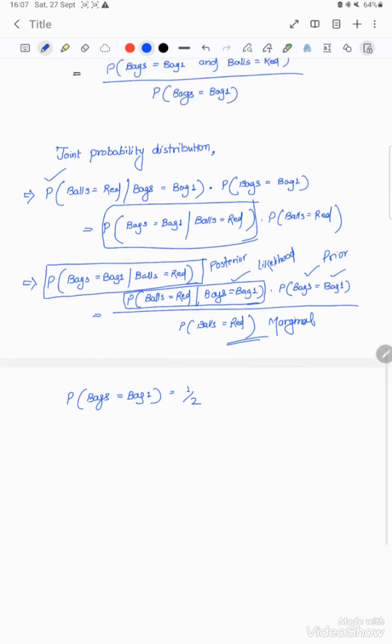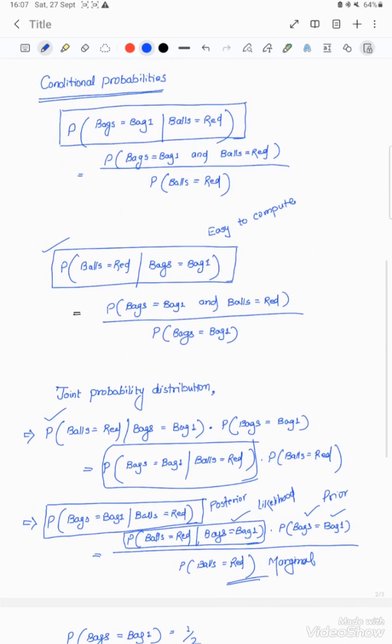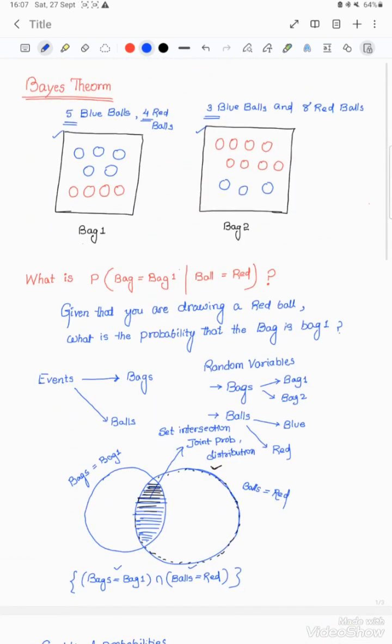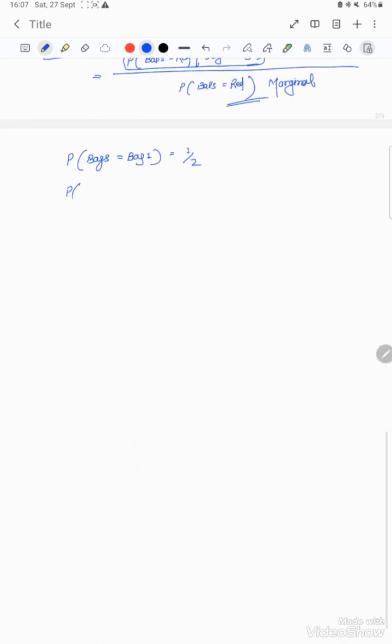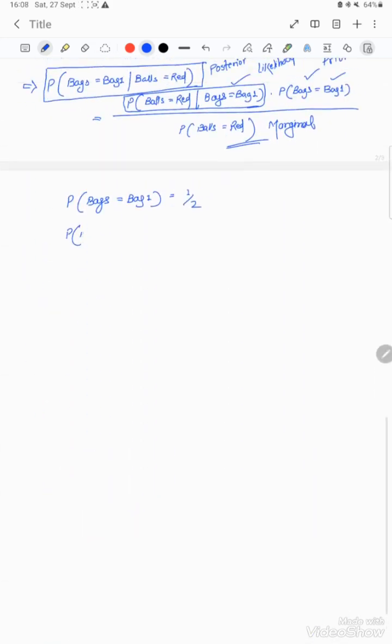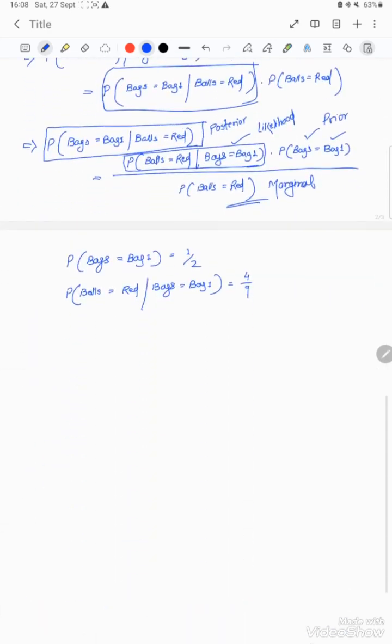In our case we have 4 red balls out of 9, so the probability that the ball is red given bags equal to bag 1 is 4 out of 9.